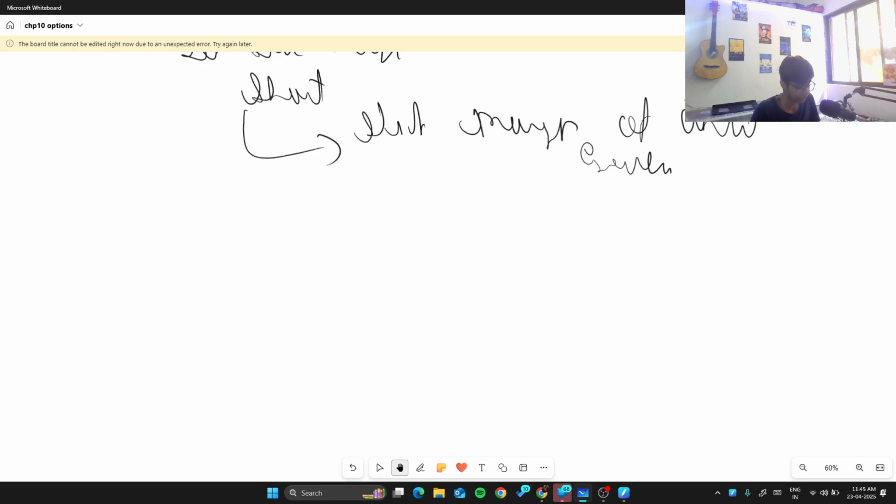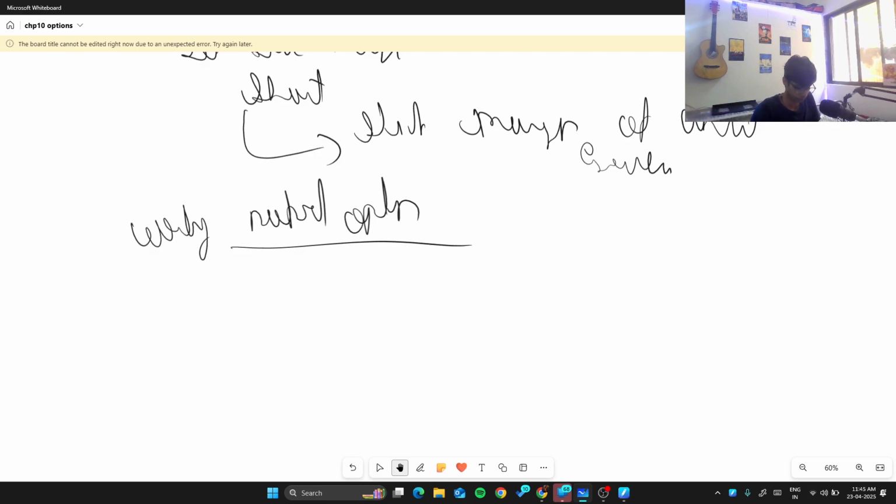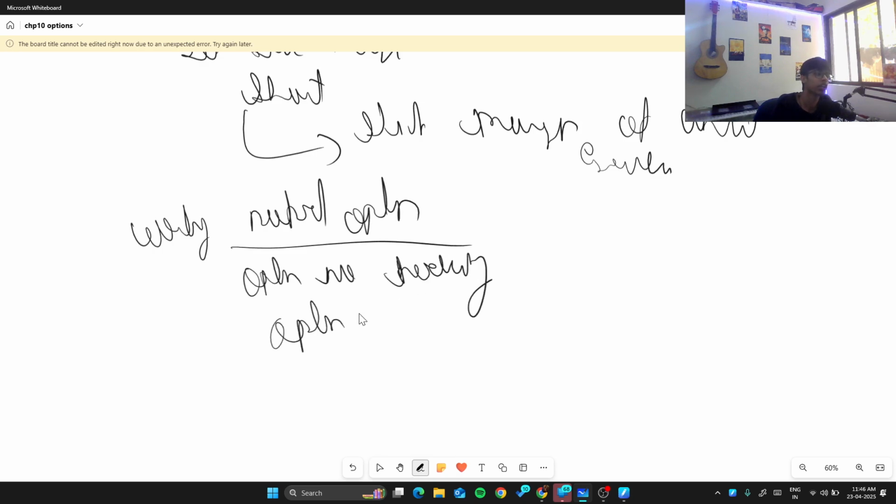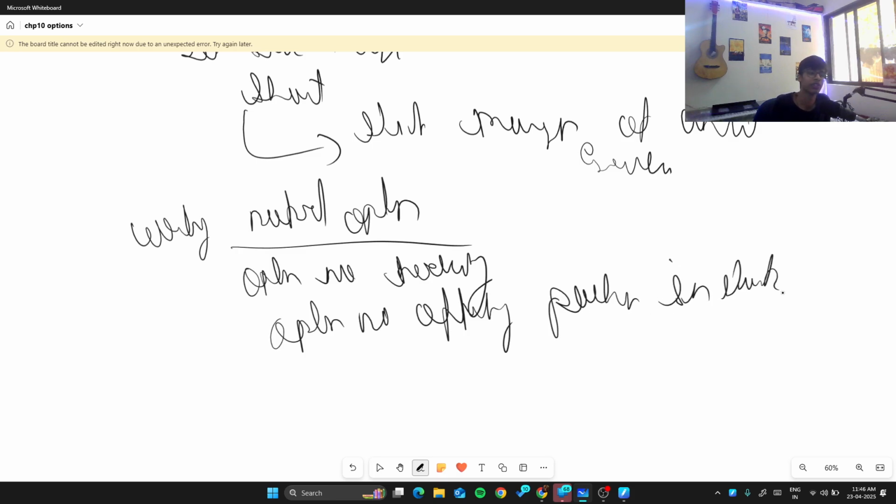And yeah, writing a naked option. You can understand a naked option as an option with no hedging, an option with no offsetting position in stock. Many investors or traders, if they are buying the option, will also buy the underlying stock, so that if the option value decreases or the option is at a loss, we can earn profit with the underlying stock.